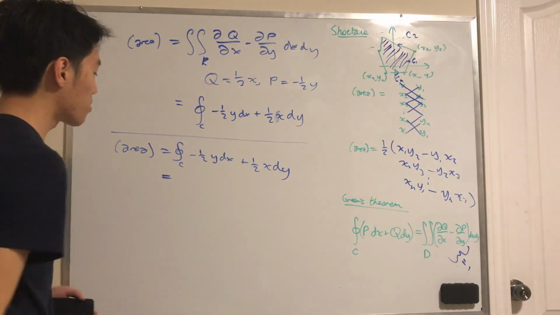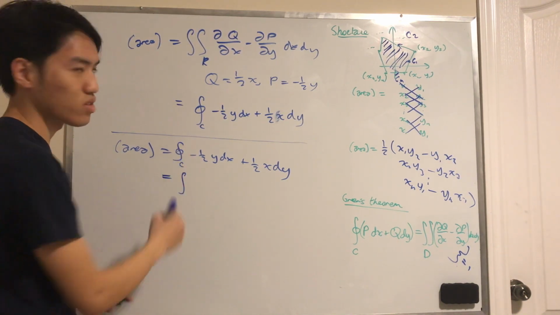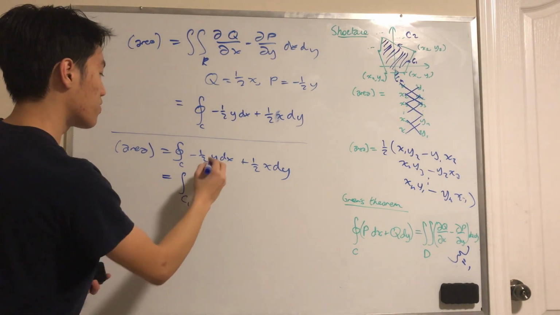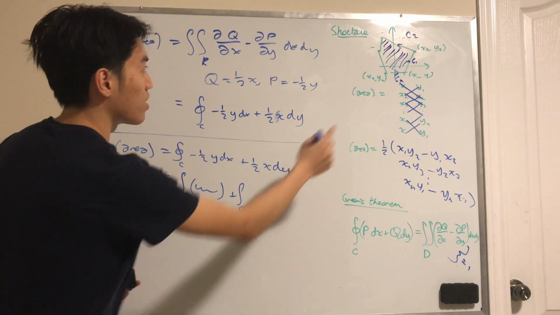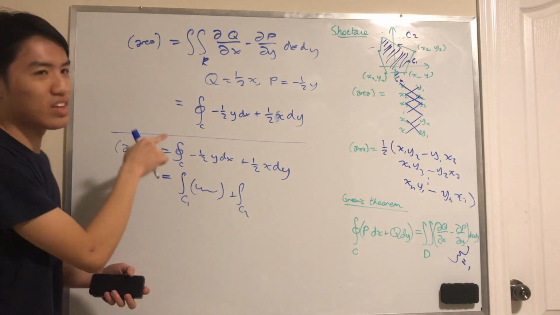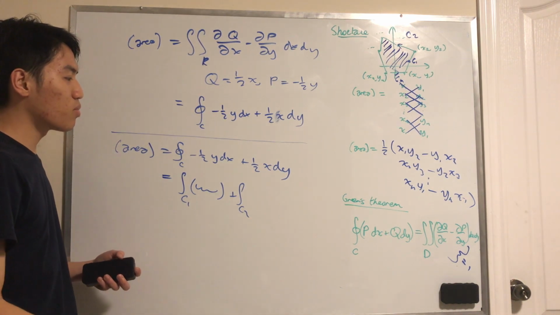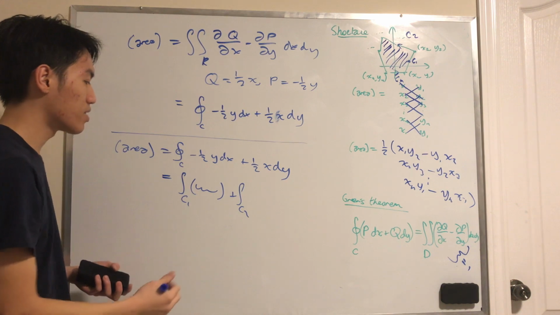So here's the idea. This is going to be nothing more than, not a closed line integral anymore, but the line integral over c1 of this junk, and then the same thing for the next one, because the line integral of the entire path, the entire contour, is nothing more than the line integral of parts of the contour along the way.